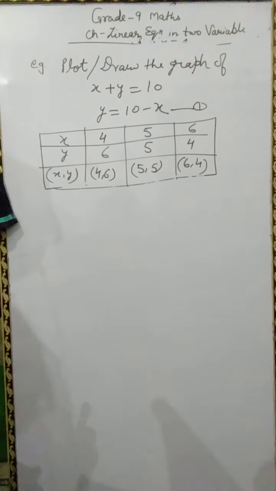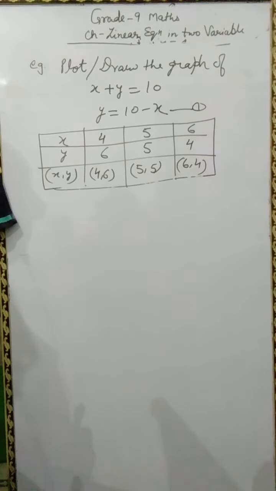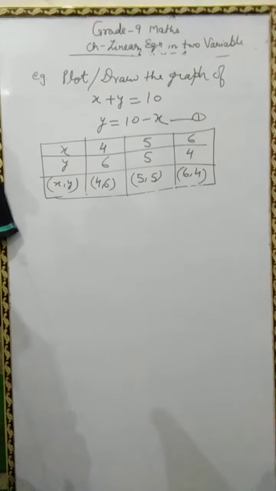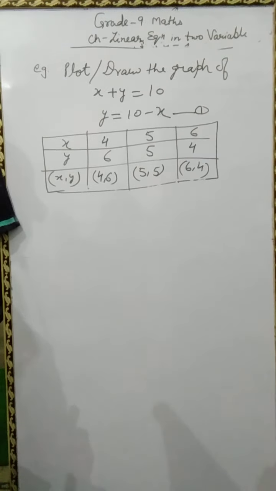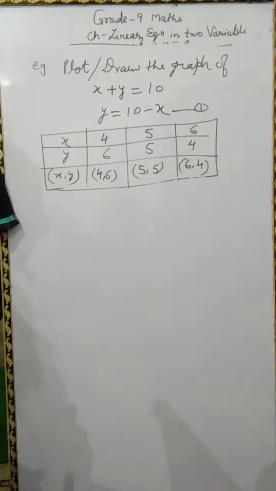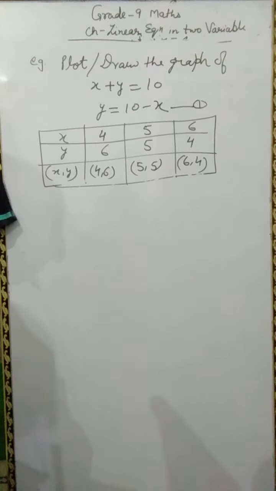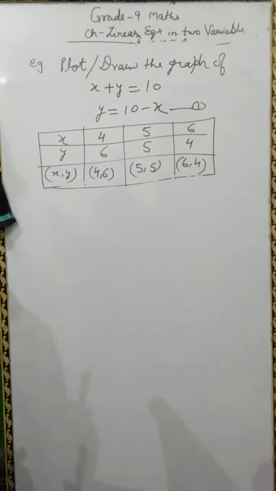Similarly, if any curve is given, in the case of any curve we will take minimum 5 points, and curves are not given in our syllabus, that is given in class 11th and 12th. But as an introductory session, I would like to share that with you all, because we are learning the same.